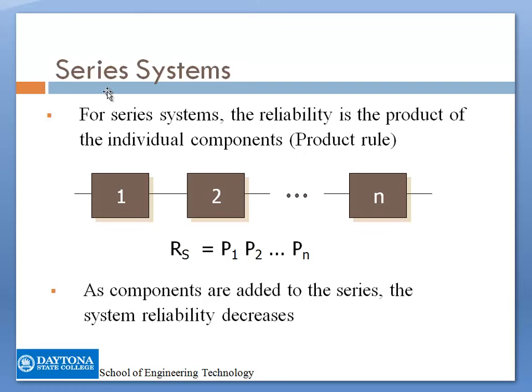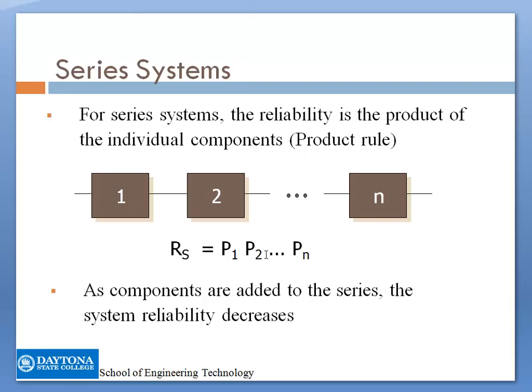In a series system, you will see the components are arranged this way. And to calculate the reliability of the complete system, you just have to multiply the individual reliability of each component. If one component fails in a series system, the whole system will fail.